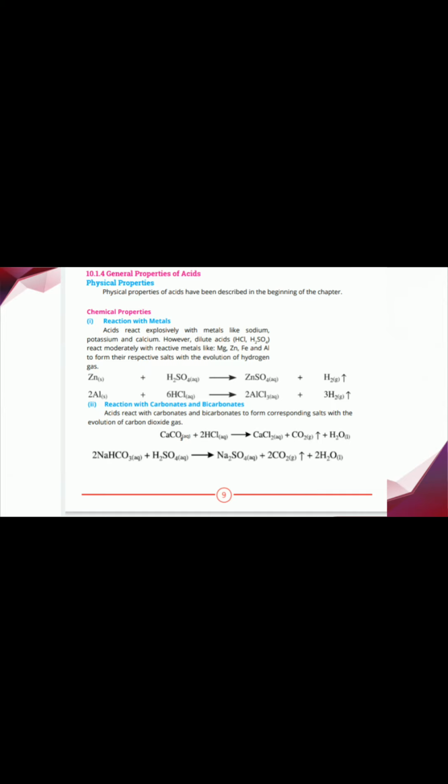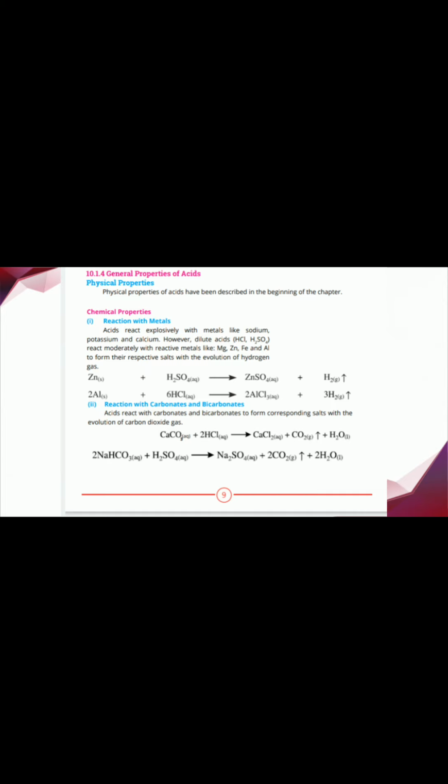Second, reaction with carbonates and bicarbonates. Symbol of carbonate is CO3 and bicarbonate HCO3. When acid reacts with carbonates and bicarbonates, CaCO3 plus HCl, to form their corresponding salt, hydrochloric acid is used, so calcium chloride will form, and due to carbonates carbon dioxide gas will evolve out and water will also produce.